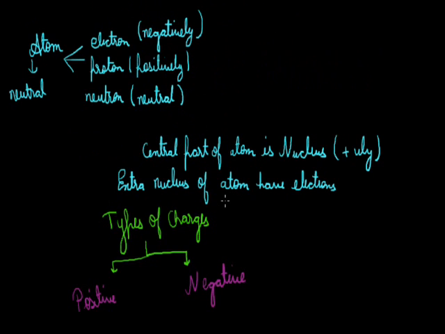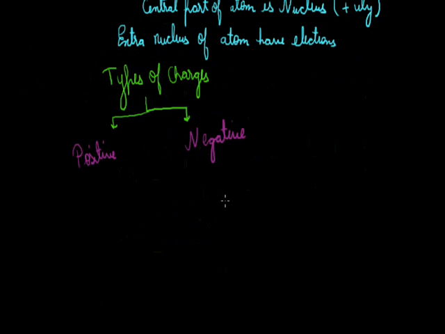Just above we have discussed the atom, and in the atom we have talked about the charged particles. So if any body is positively charged, then it must be having a large number of positively charged subparticles, or we can say that it must be having a large number of protons in comparison to electrons.